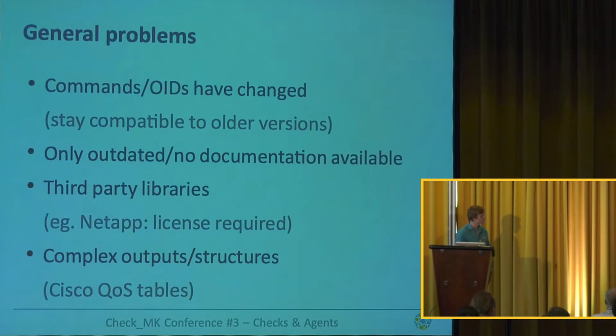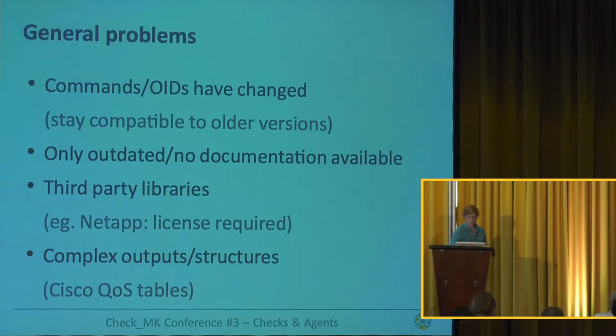The next problem could also be that sometimes licenses are required from third parties for libraries, things like that. And then sometimes we also have very complex outputs or structures, specifically Cisco QoS tables, things like that. So of course you just have to put some time into understanding what that is.